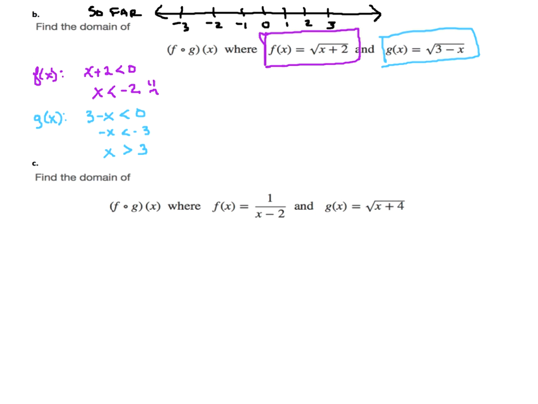So the only things that I am able to have are things that are exactly equal or greater than negative 2. Remember, I'm drawing the domain so far, not my restrictions, but my domain. So I'm drawing what I can have based on what we just found. And with the g of x function, I can't have anything greater than 3. So I can be equal to 3 or I can be less than 3.